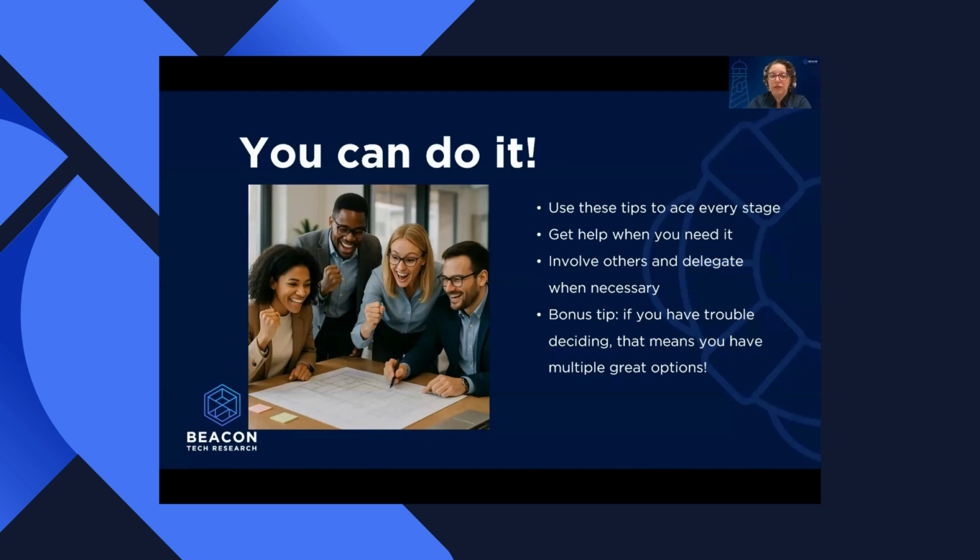One bonus tip, if you come to the end of the process, we see this a lot, and you have two great options and people are really struggling to make a decision, that's actually good news because it means you have two great options on your hands and you probably aren't going to go too wrong with choosing either. I have even had clients that literally flipped a coin by the end of it.